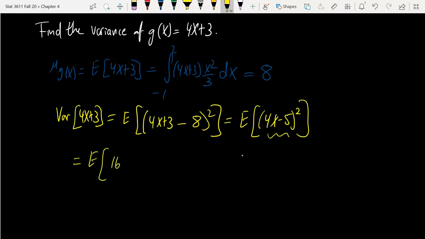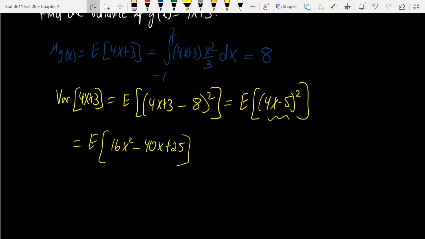That would be 16x squared minus, so 4 times 5 is 20 times 2, so minus 40x plus 25. So there's our expected value, okay? That's kind of nice. That looks good. And I'll mention there are some tips and tricks we can deal with later, that we'll see in future videos, about dealing with expected values like this. But for now, at this stage, we would just dive into the expected value computation.